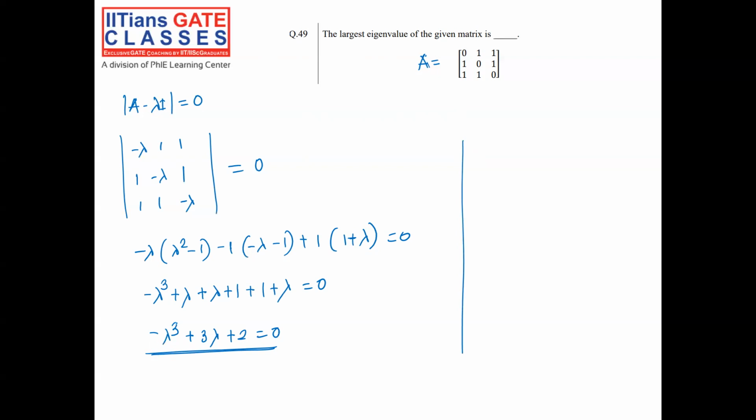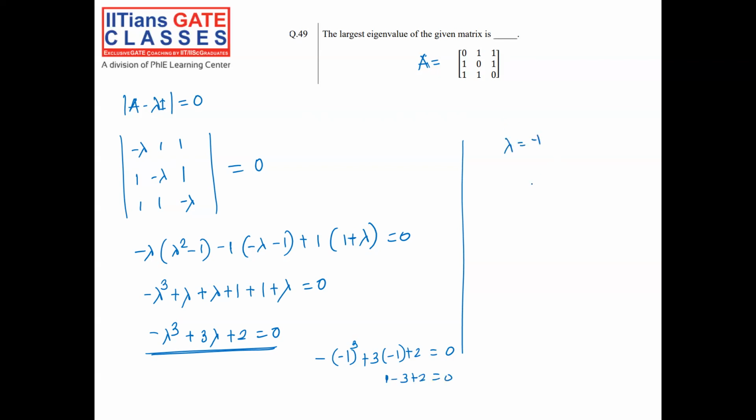Minus 1 cube is minus 1, plus 3 plus 2, you won't end up with a 0. So let's try minus 1. If you put minus 1, what will happen? Minus of minus 1 cube is minus minus 1, which becomes plus 1. So 1 minus 3 plus 2 equals 0. So one of the eigenvalues for this is lambda equal to minus 1.